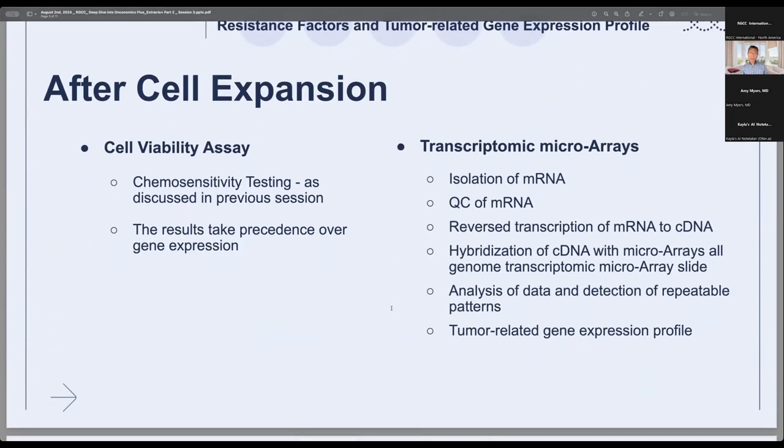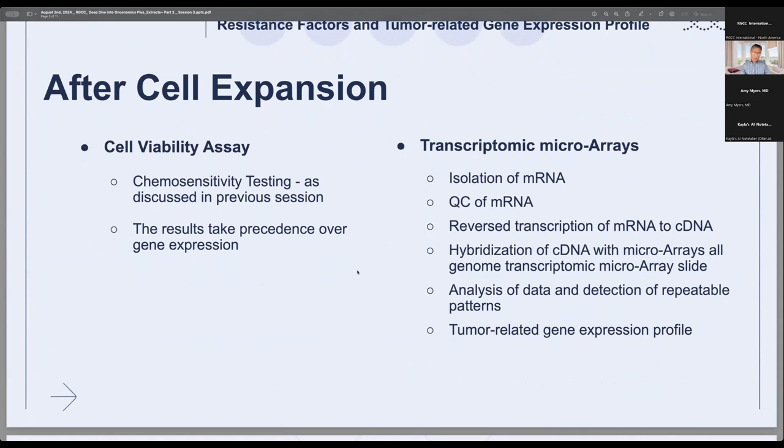All right, so what the lab does is they have to isolate, cultivate, and perform viability assays. And so there are two types of testing going on. There's the viability assay, which is the chemosensitivity testing, and then there's the transcriptomic microarray, which are the molecular techniques to determine the gene expression profile.